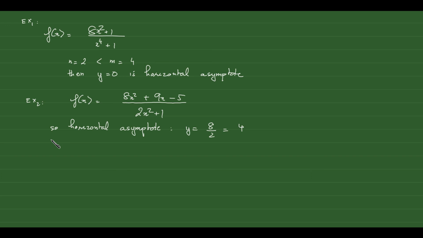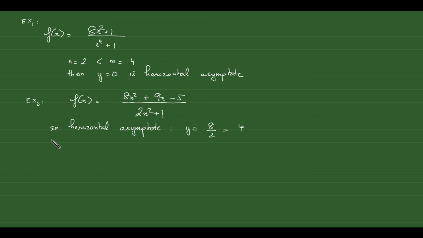Okay, and of course, if the degree on the top is greater than the bottom, we don't have a horizontal asymptote. We already know that. So that is the rule for the horizontal asymptote.